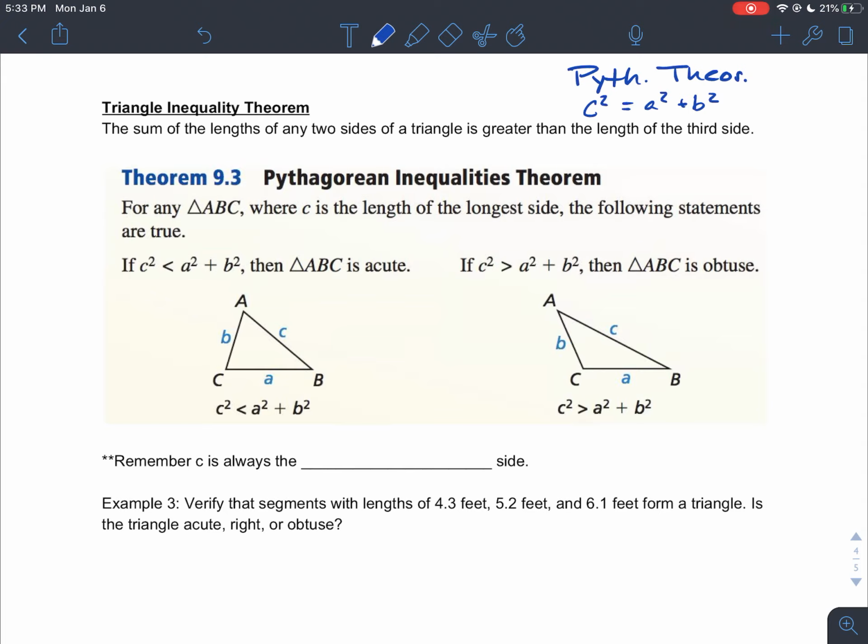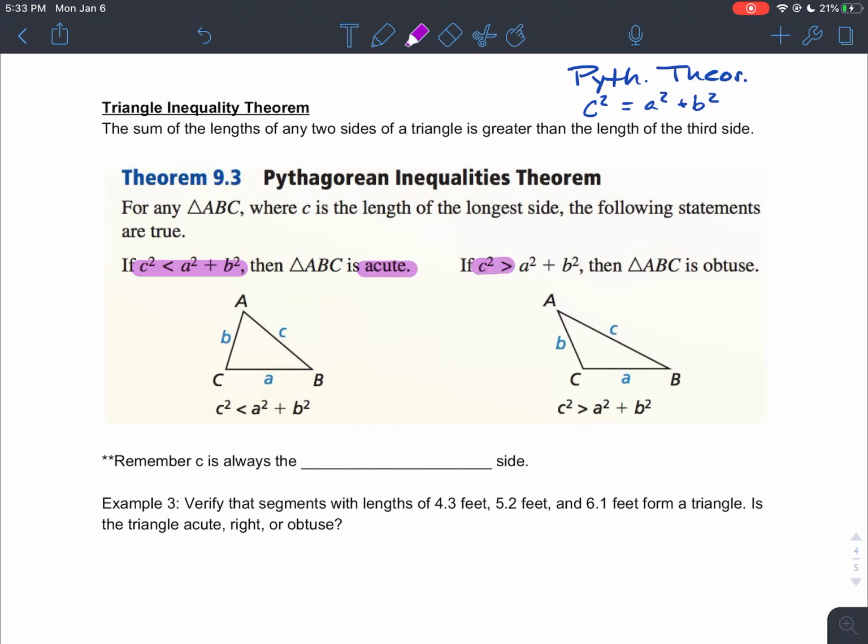The Pythagorean inequalities theorem says for any triangle ABC where c is the length of the longest side, the following statements are true. Highlight these or underline them. If c squared is less than a squared plus b squared, then the triangle is acute.